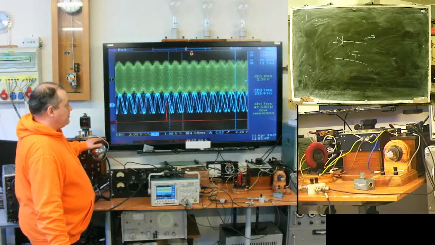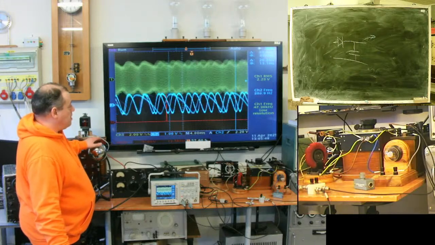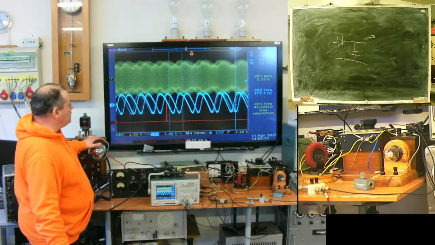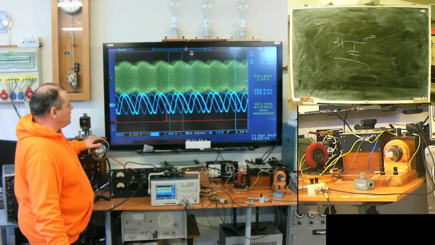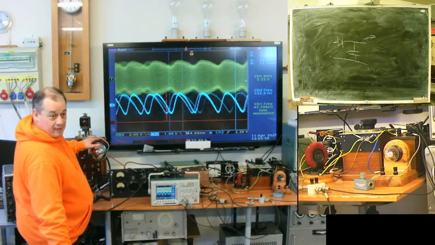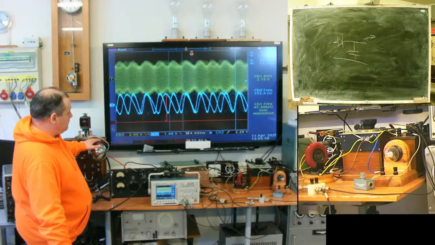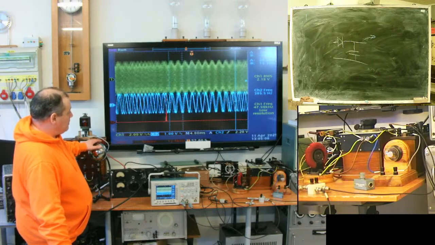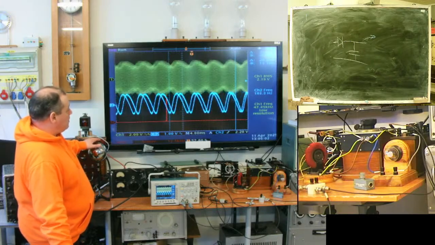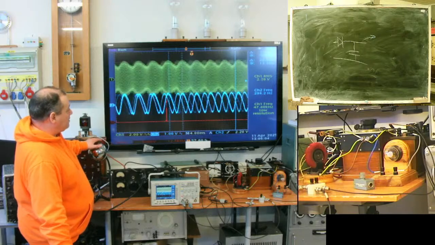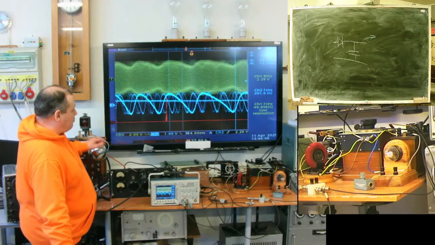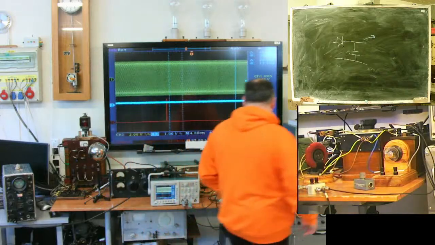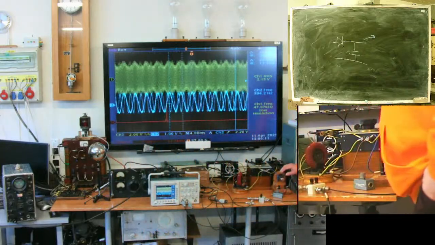Is it the magnitude of your first signal or second signal? The blue line is achieved as the magnitude of the yellow. Which means it is the amplitude. You say amplitude, yeah? The blue line is the amplitude of the yellow.